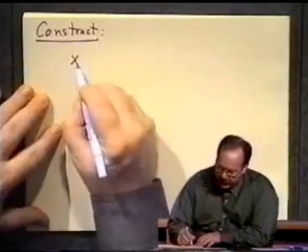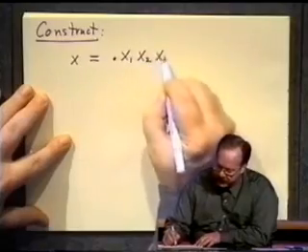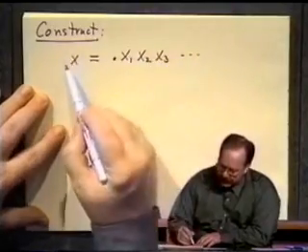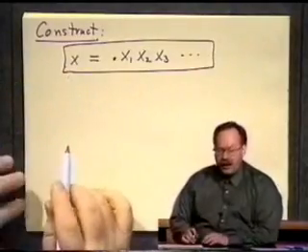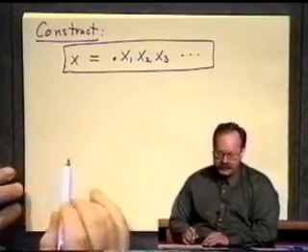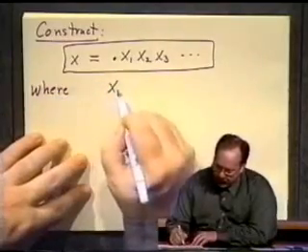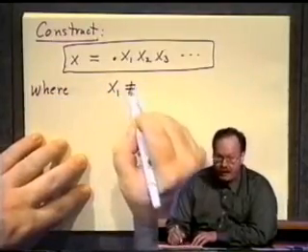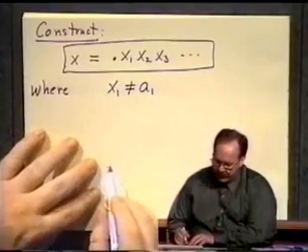We'll construct the number x, which will be 0.x1 x2 x3 out to infinity. So this is the decimal I'm about to construct. Now let me tell you how I'm going to choose x1, x2, x3. x1 is any digit at all, but it is not equal to a1, as on the previous page, which I will bring back.